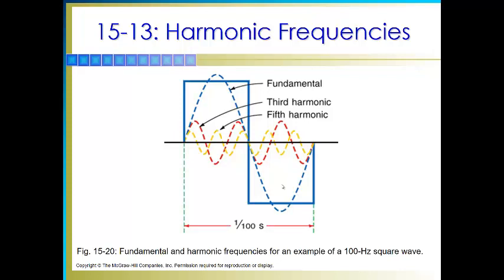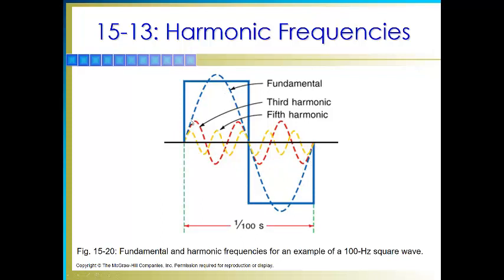The fifth harmonic is expressed on the yellow waveform here, okay? And it's the fifth harmonic. That means you take that and multiply that times 5 and you get 5 cycles for the same period of time, okay? The same length of time, you get 5 cycles in the same time that the fundamental was only 1 cycle.